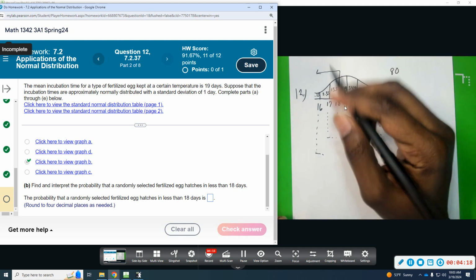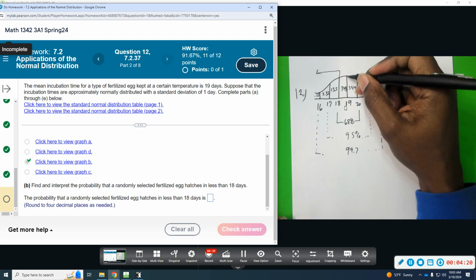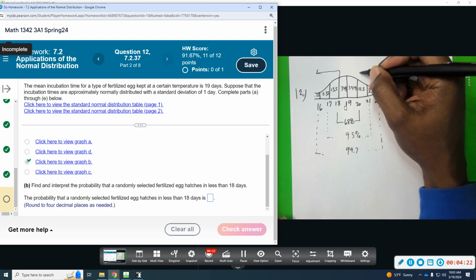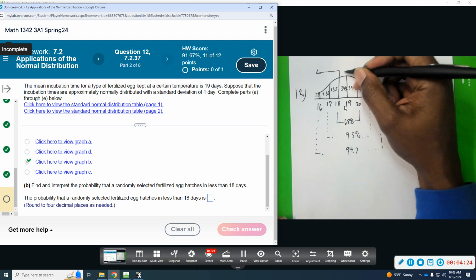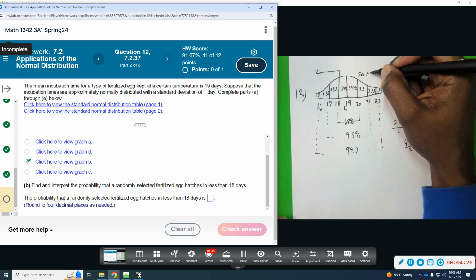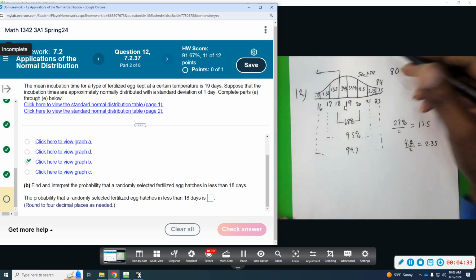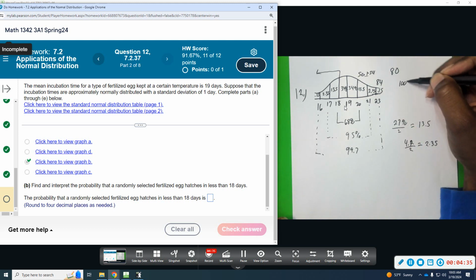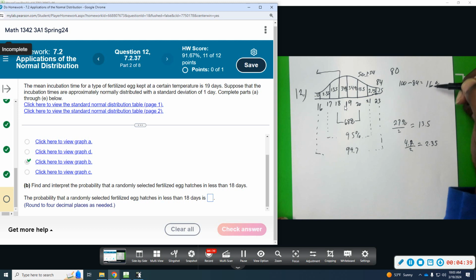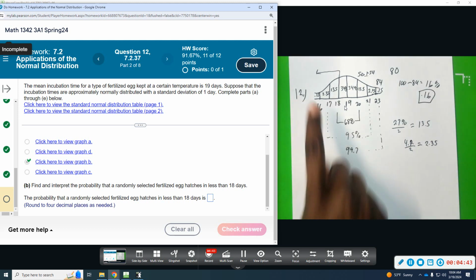It's easier to count this part. This is half from the middle to the right. This is 50%. This is a 34. So you do 50 plus 34. That gives you 84. That's the part we don't want. If I take 84 from 100, that gives me 16. So 16% or 0.16 is going to be the area to the left of 18.